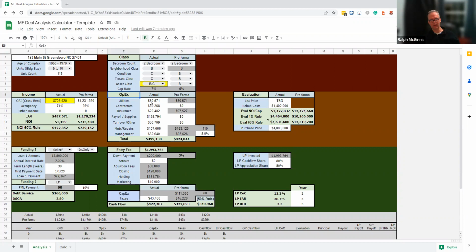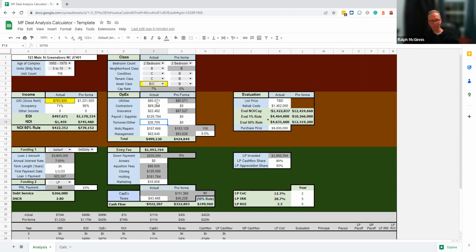So the operating expenses include utilities that the asset has to pay for, not that the tenants pay for. Any contractor work done at the properties, insurance, payroll, supplies, turnover, and I have included in the same field other. So there could be other things that are involved in keeping that property running that you would include in here.